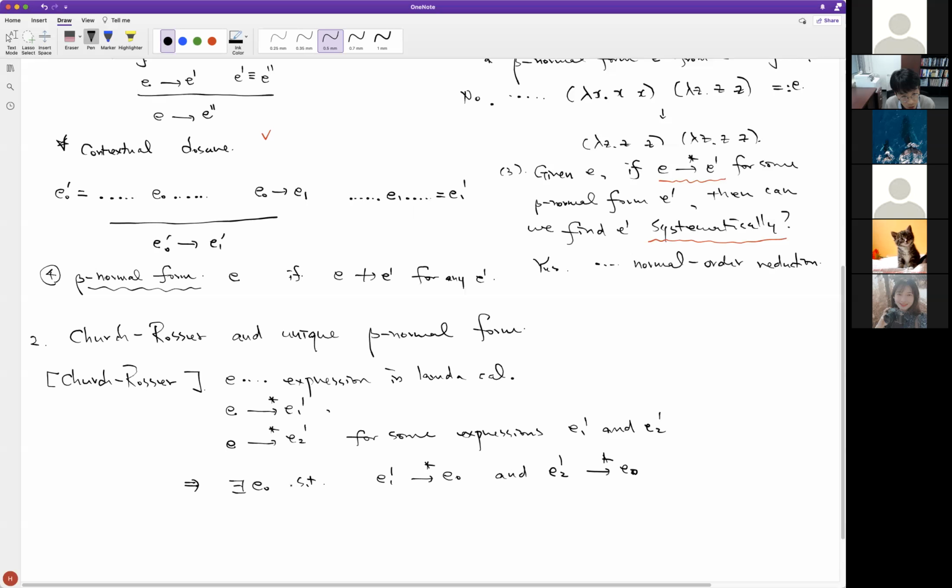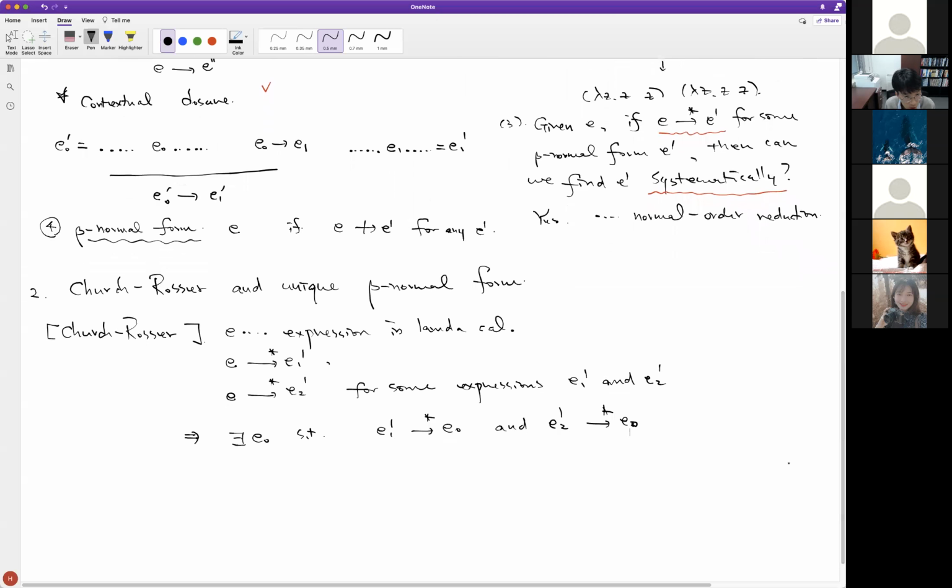If you pick the contraction relation in the right way, starting from E1 prime, and another right way, starting from E2 prime, we may end up with exactly the same expression E0 in the E1 prime case as well as the E2 prime case. Typically, when people state this Church-Rosser theorem, they use a diagram.